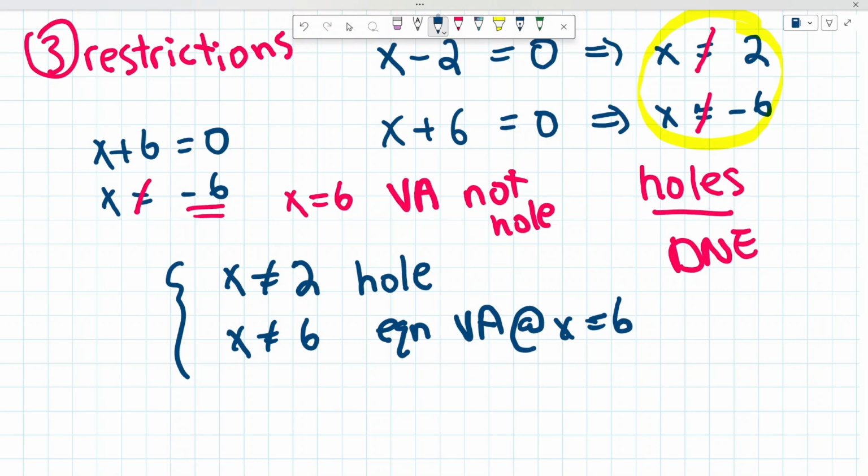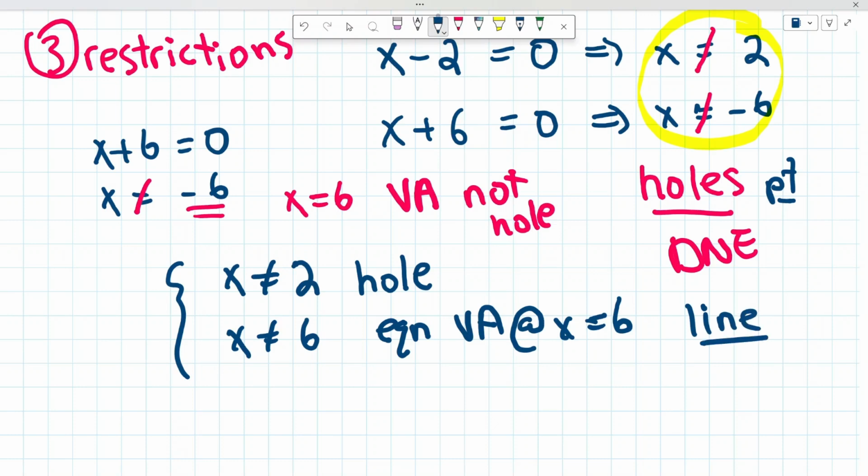A vertical asymptote is a line in which the function does not exist. So if the function does not exist there, then you cannot have any of your values equaling that point. It's a similar concept between holes and vertical asymptotes in the sense that it's a point or line at which the function doesn't exist. A hole in particular is one point, where a vertical asymptote is a whole line in which the function does not exist.